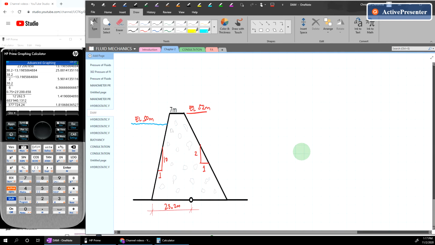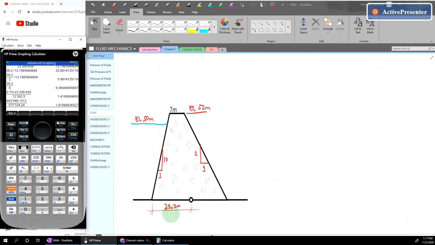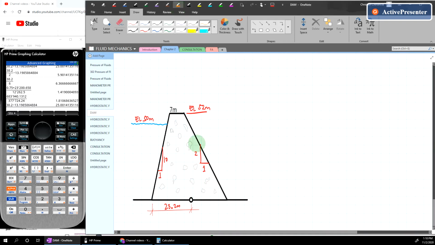Okay. This is 23.2. 38.2 minus ng yung x bar natin kanina. Okay, so 25. So, meaning yung resultant natin is nandito. Wala rito sa side na to ng drain.